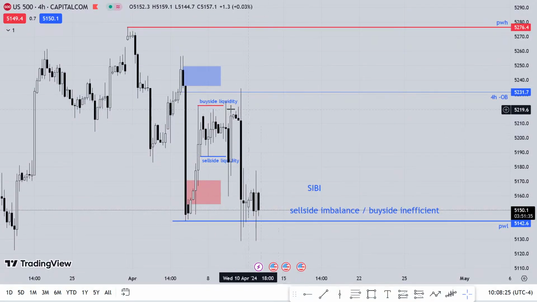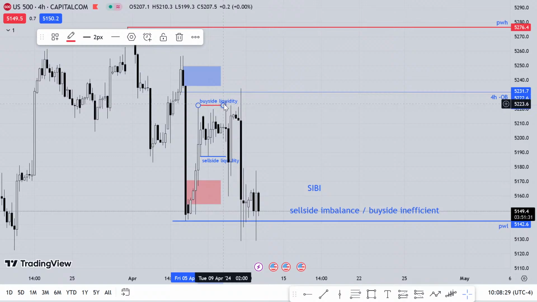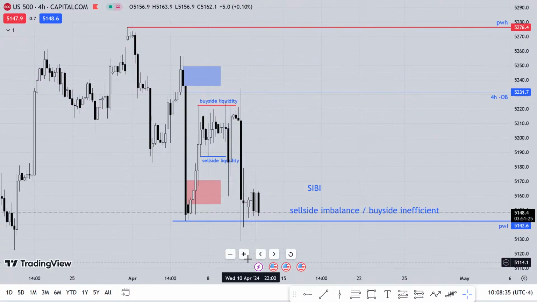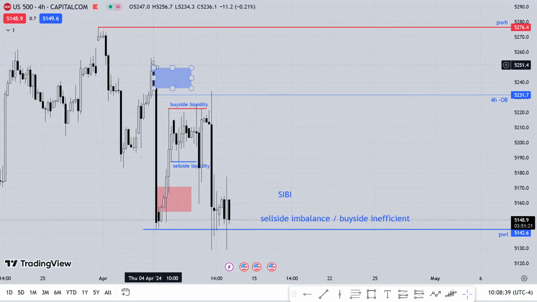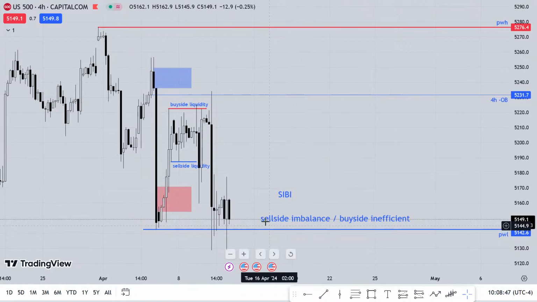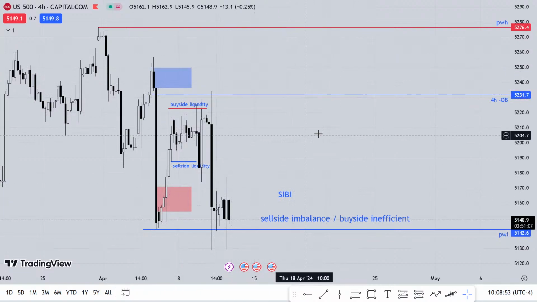When you reference a form of imbalance as a SIBI, a SIBI is a down close candle that is an imbalance. So when price drops lower, price is offering sell side delivery. The imbalance is on the sell side, and it's inefficient of buy side delivery.